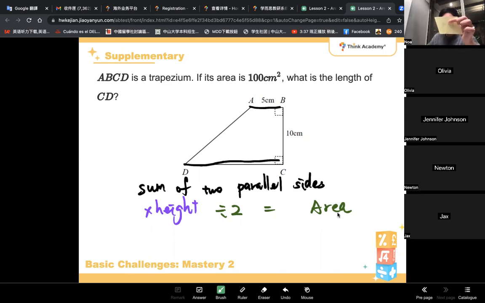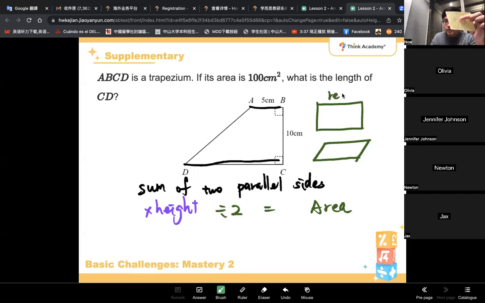What do you notice, Newton? It becomes a what shape? Rectangle. Now this is a parallelogram. Rectangle is like this. So if you times 2, there's a rectangle, and this is a parallelogram.